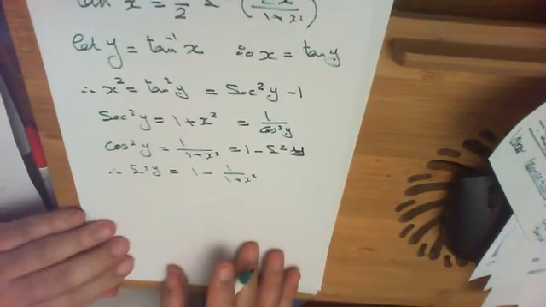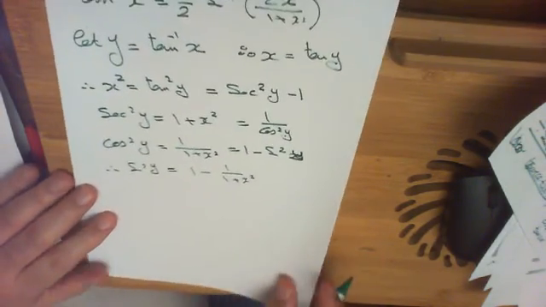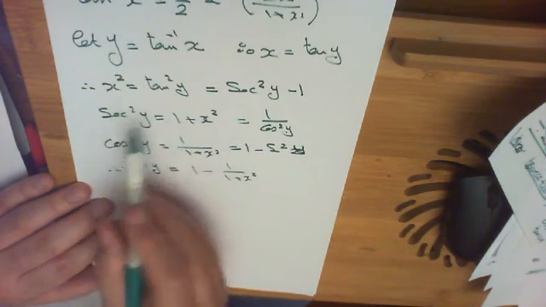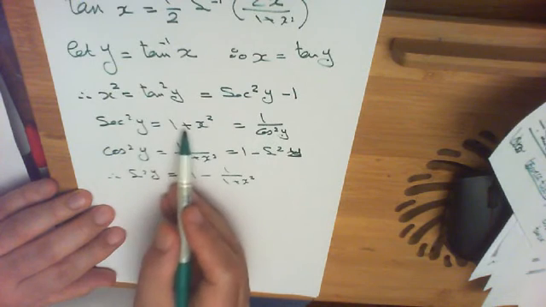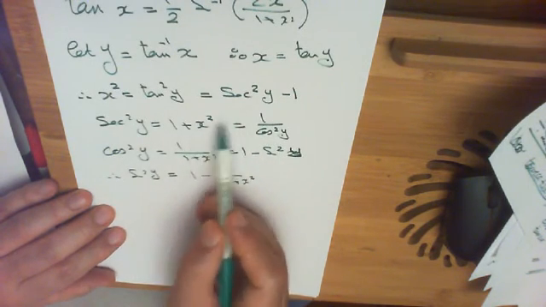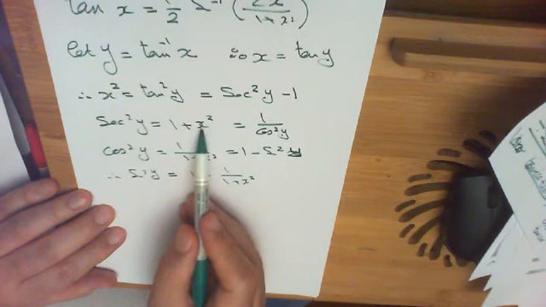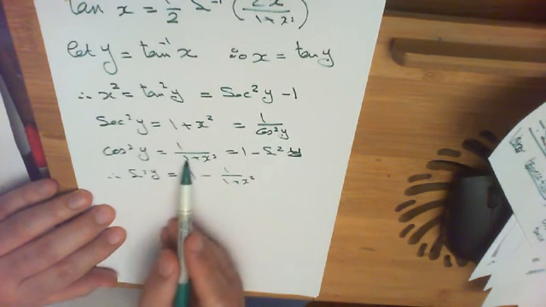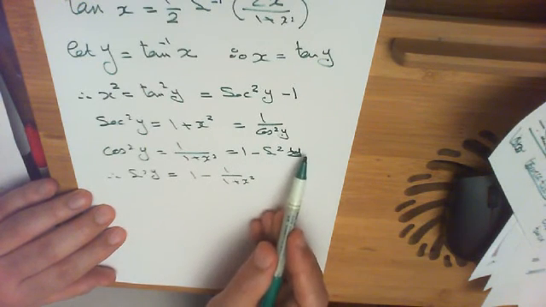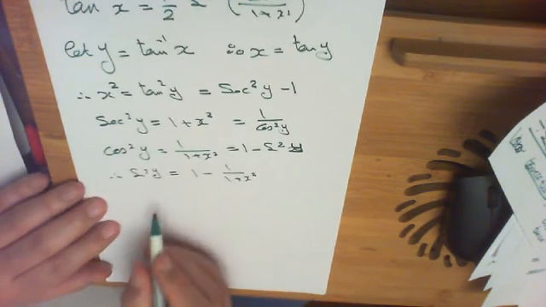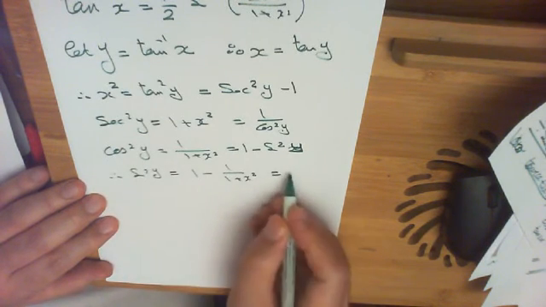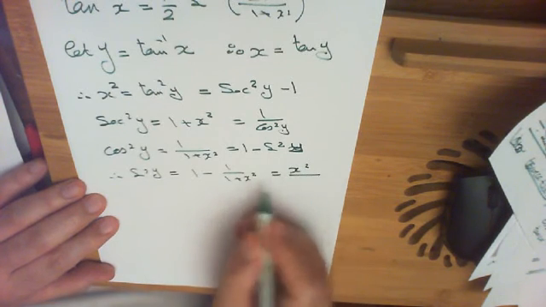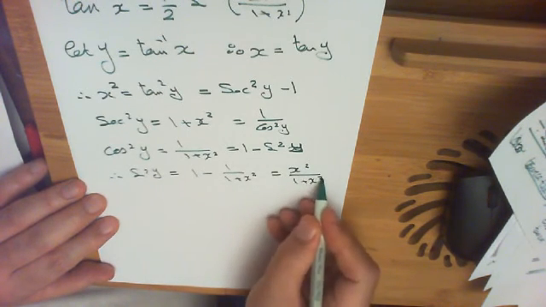As you see, we said here sec squared is 1 plus x squared, which is 1 over cosine squared, which is 1 over 1 minus sine squared. Simplify, and we have sine squared y equals x squared over 1 plus x squared.